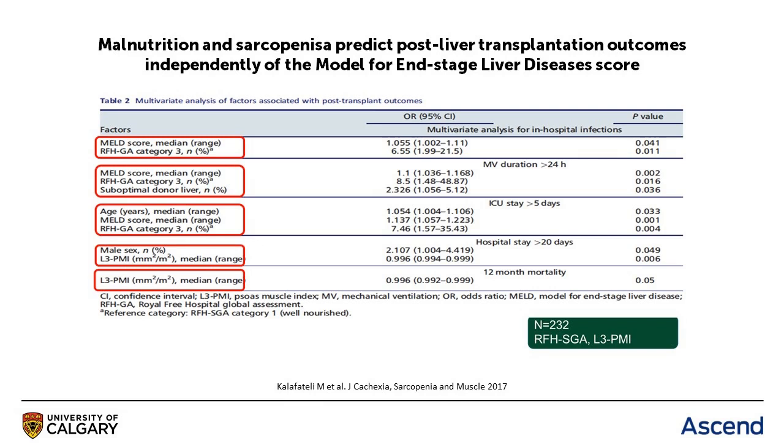If you can see here, the green is no muscle abnormalities, when you do the CT scan. And you can see that survival gets worse and worse as you add on more problems. When you're sarcopenic obese, so you're obese and you're sarcopenic and you have poor quality muscle, those guys have the worst survival. So it makes sense that all of these things add on top of each other to predict poor prognosis.